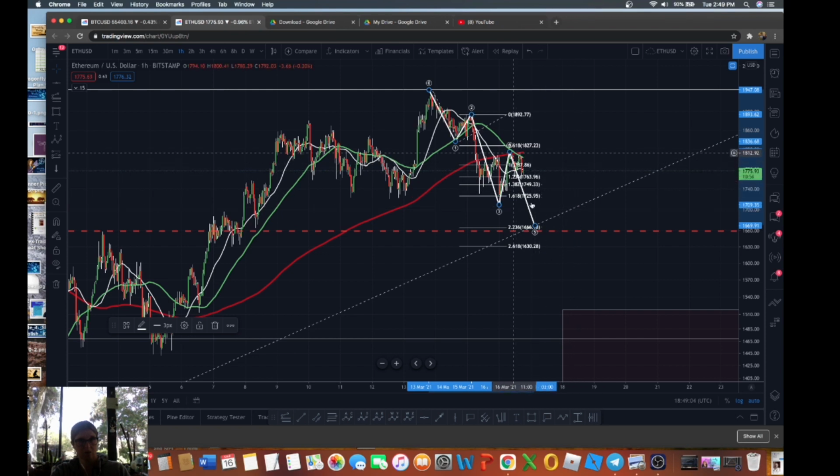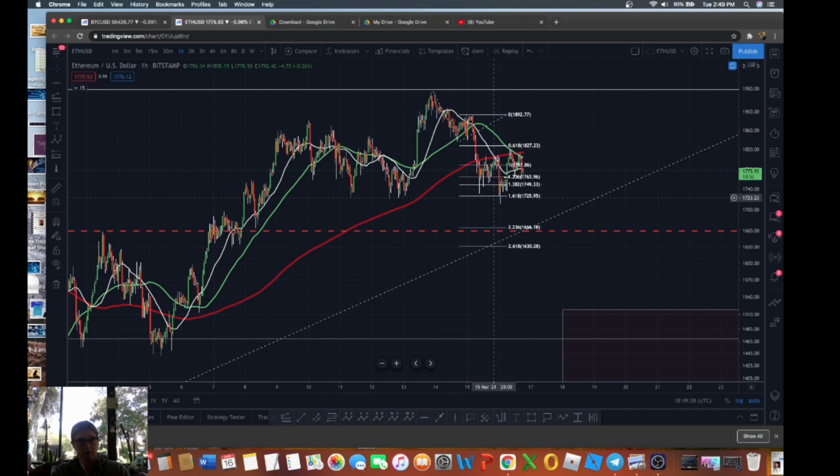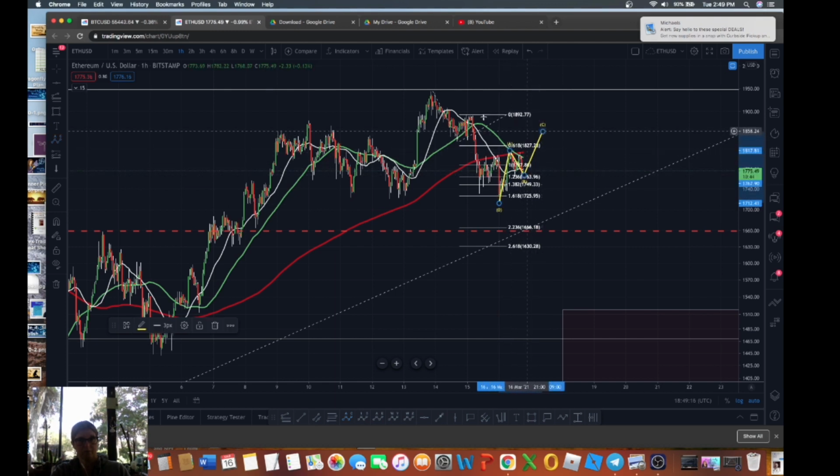Now, say we don't get this leg, just like with Bitcoin, and it creates an ABC up from here. Well, that means we're going to get some type of complex correction here.